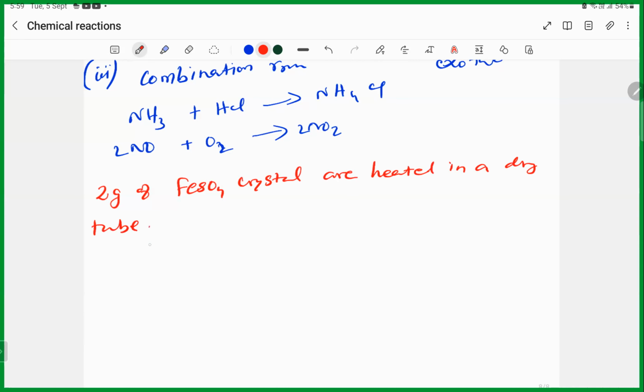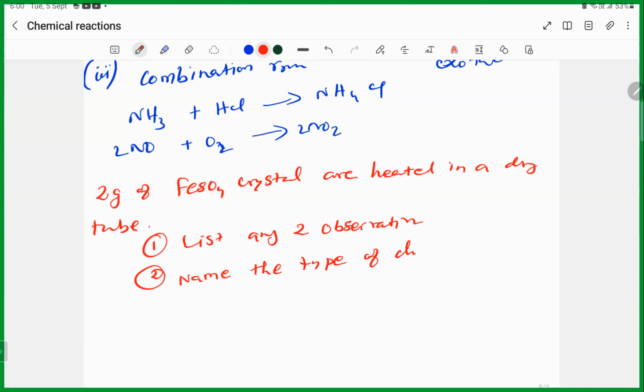Number 1, list any 2 observations. Number 2, name the type of chemical reaction. And then third one, write the balanced chemical equation.